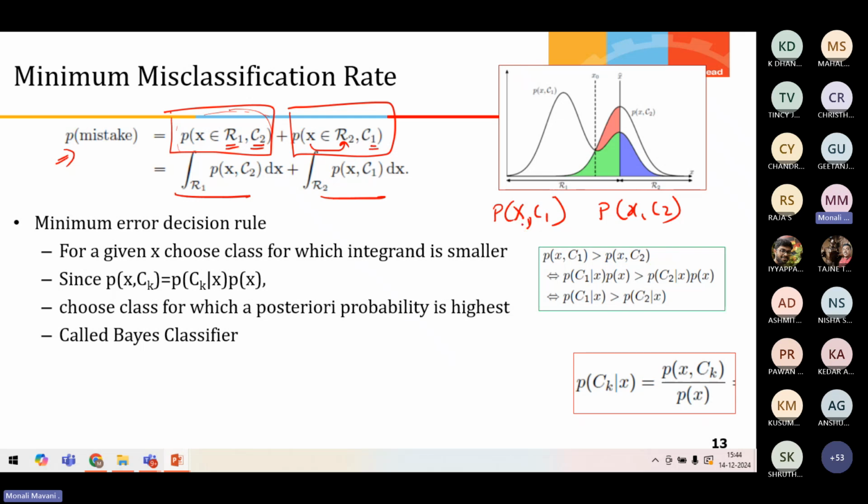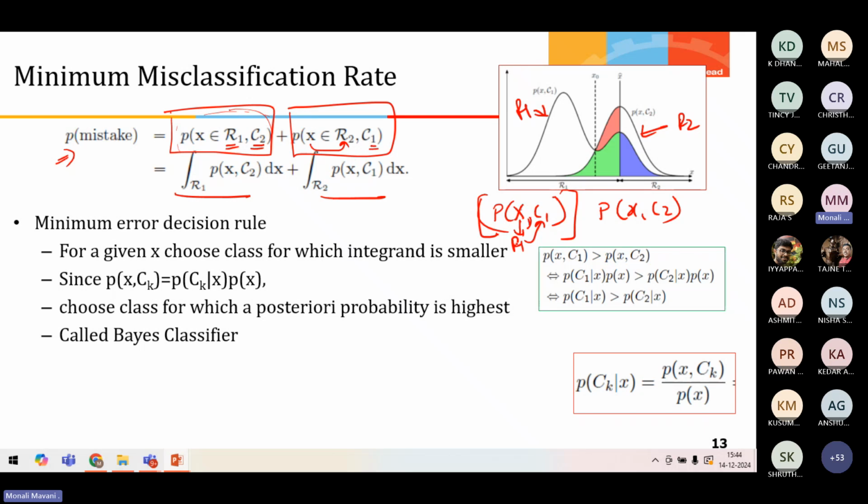So if the X point belongs to R1, then this probability should be high. A simple question: when a point X belongs to the R1 region, R1 curve, this is the R1 curve and the second curve is the R2 curve, this probability should be high.